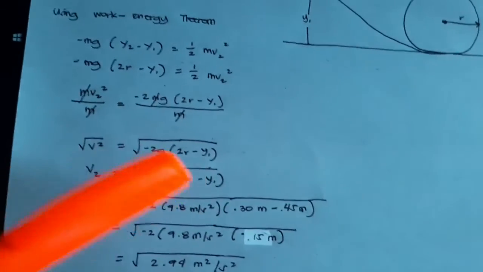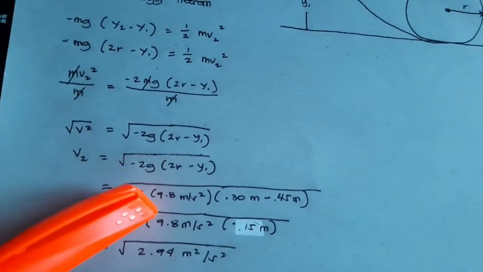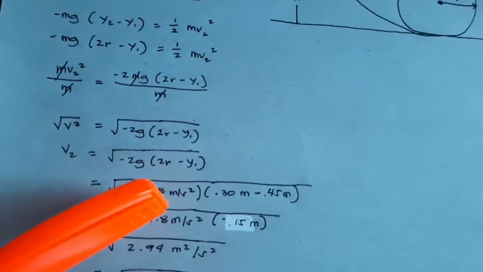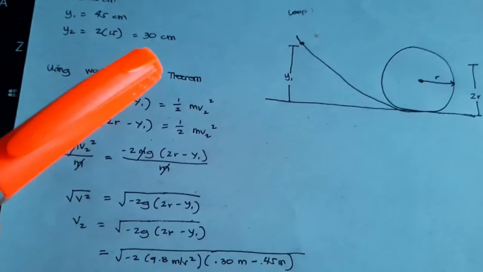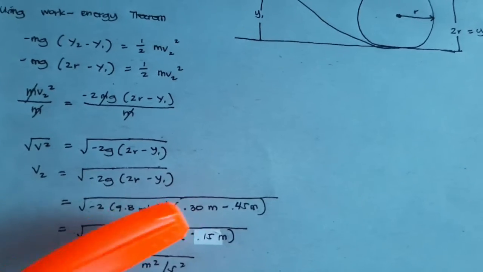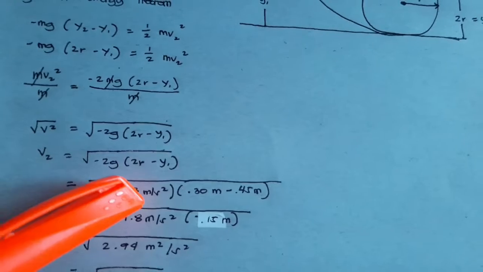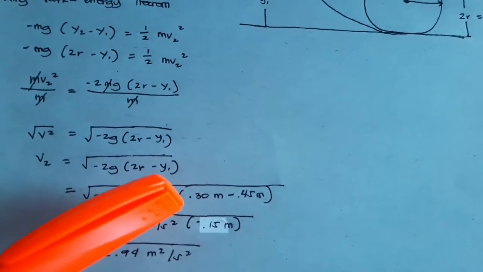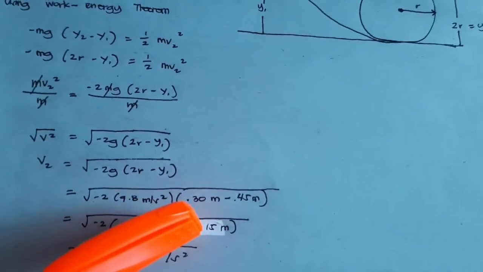So v is equal to the square root of negative 2 times our gravity, 9.8 meters per second squared, times our 2r, which is 30 cm by the way. We need to convert it to 0.30 meter, because we need to compare it with meters here. So we need to convert centimeters into meters, which is why it is 0.30 meter instead of 30 centimeters.